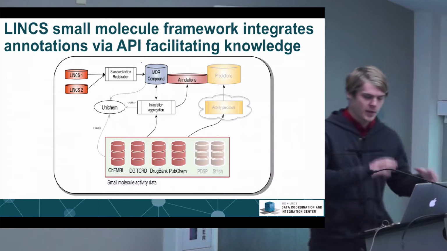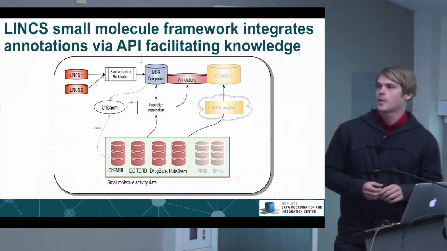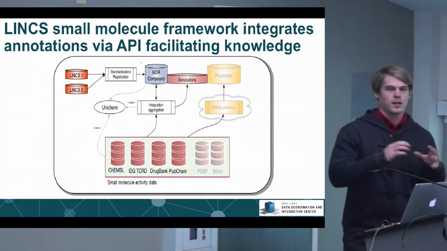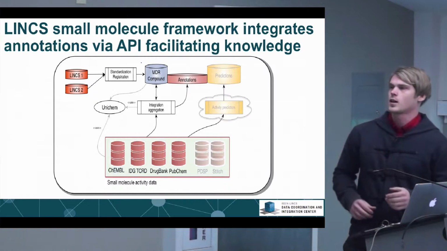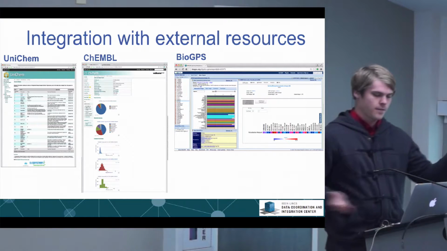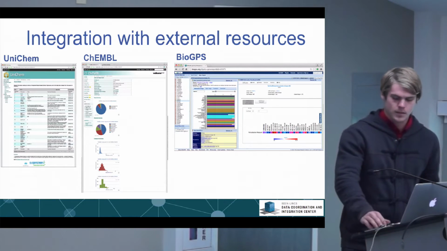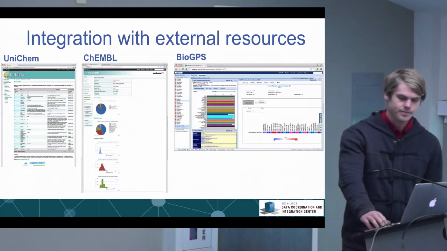And then these are being filled in with different bioactivity predictions that we're building, modeling infrastructures around the pharmacogenomic space as well as the chemical descriptor space. These annotations are then being fed back into the LINCS data registry for the public.